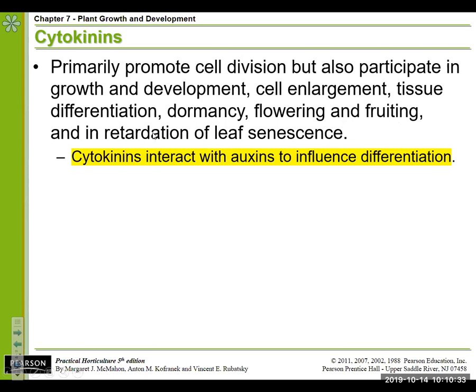So the big deal is that cytokinins are interacting with auxins to influence the differentiation of the different plant parts in the meristems. The big thing here is whether we're getting shoot or root growth, and it's the levels of auxins and cytokinins and the ratios of cytokinin to auxin that is really controlling whether a plant is producing a new shoot or a new root.